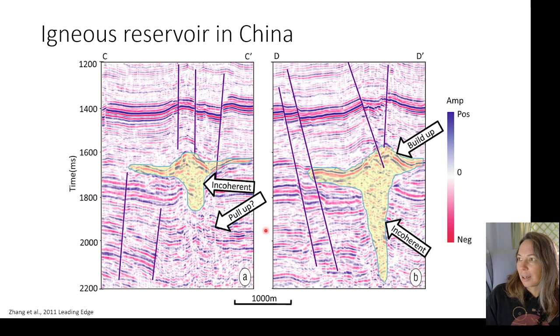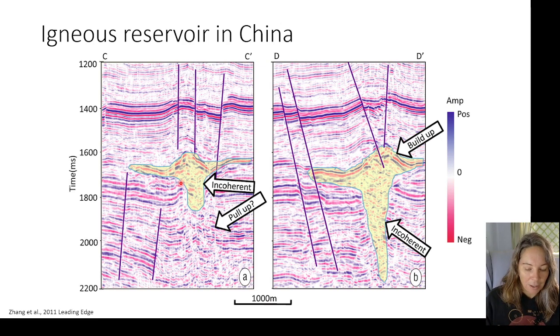All right. Here's another example in China of an igneous reservoir. In this case, we don't have the well logs here, but we've got the higher amplitudes. You can see how they've used a transparency to show where they're mapping that igneous reservoir. And then they're also pointing out some of the incoherent signal below it.